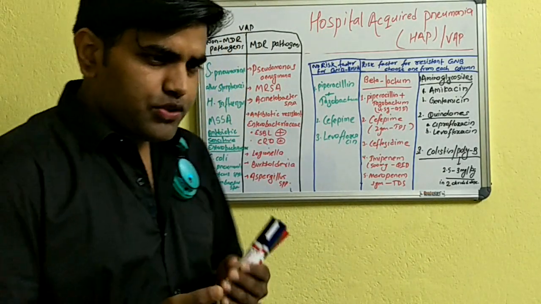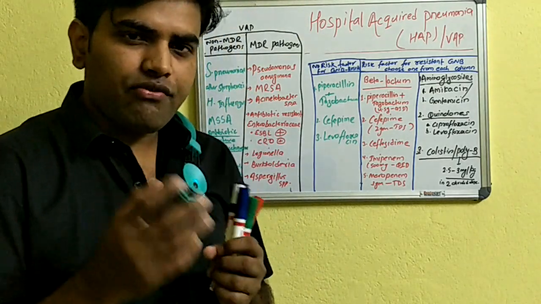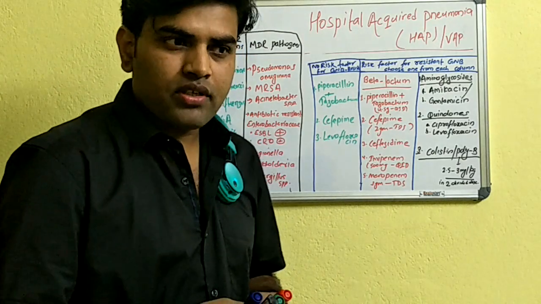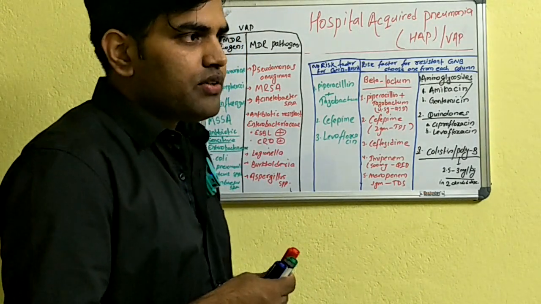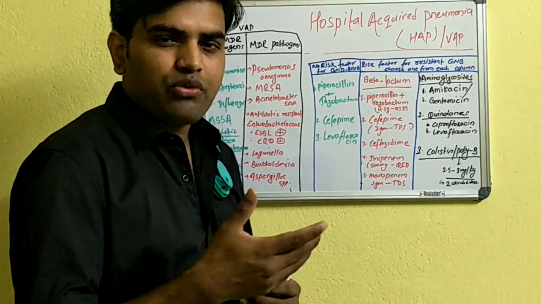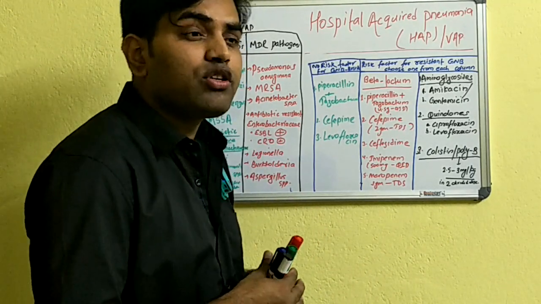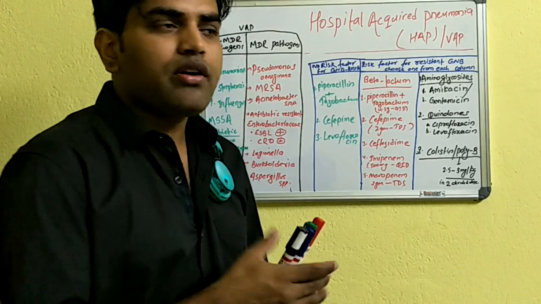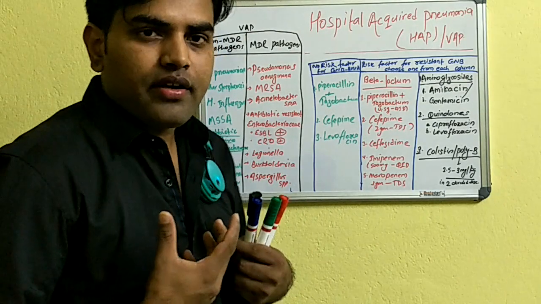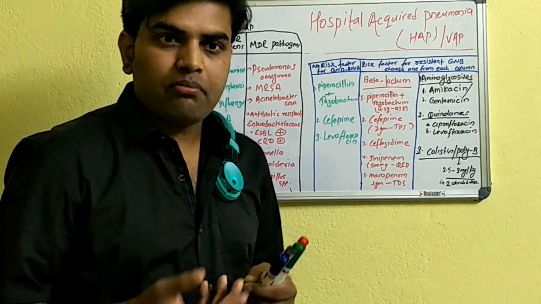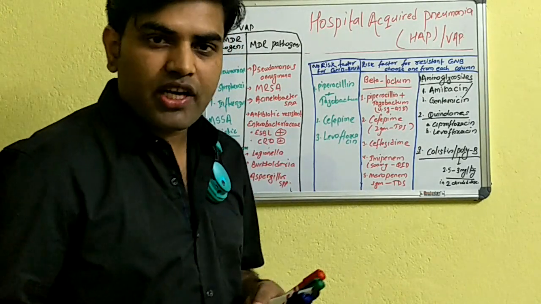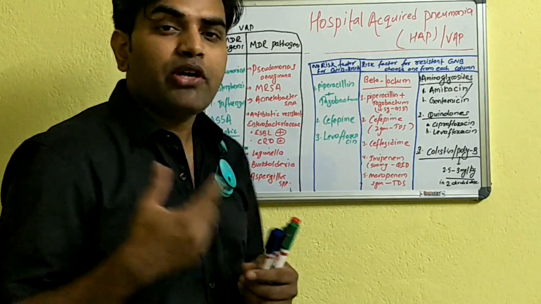Now, after understanding this, you have to understand one more thing: the diagnosis of VAP, ventilator associated pneumonia, in ICUs is overdiagnosed. Why? Because fever may be due to a lot of causes, leukocytosis may be due to a lot of causes, and even a radiological infiltrate may be due to other causes as well, like alveolar pulmonary edema, lung contusion, alveolar hemorrhage, hypersensitivity pneumonitis, ARDS, pulmonary embolism.